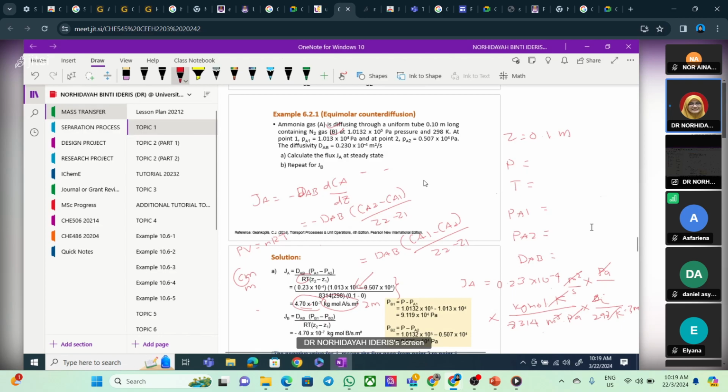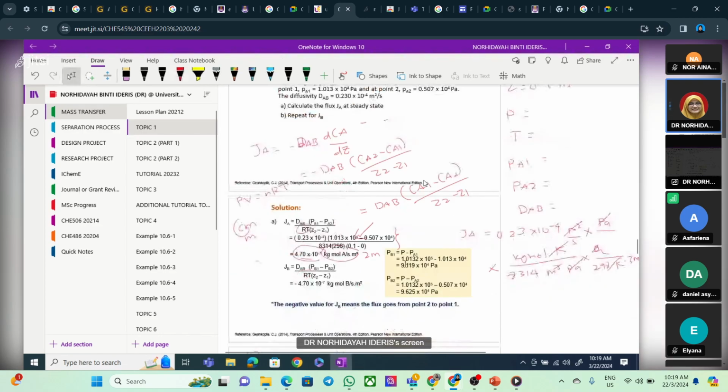When solving this problem, you must prove that the JB, the value and the unit, must be similar to JA, the only difference is the negative sign here. If this kind of question comes out during your MTA, it's a bonus question for you, because it's quite a simple question.